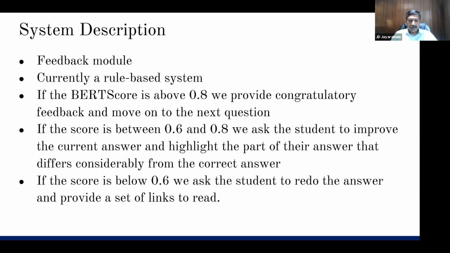But if the score is between 0.6 and 0.8, we ask the student to improve the current answer and highlight the part of their answer that is different from the correct answer. If the score is below 0.6, we ask the student to redo the answer. So it's a fairly simple rule-based feedback, which can be improved, and that's one of the limitations of this study that I talk about at the end.